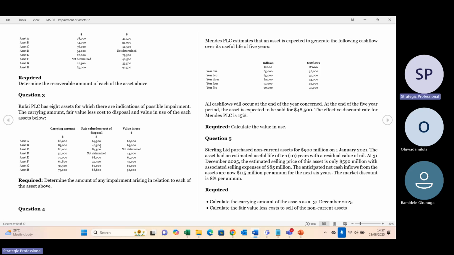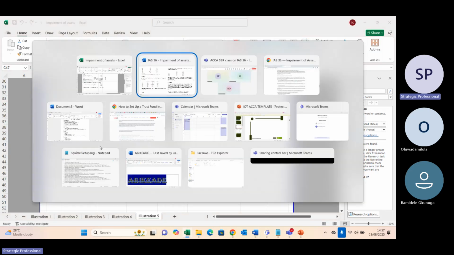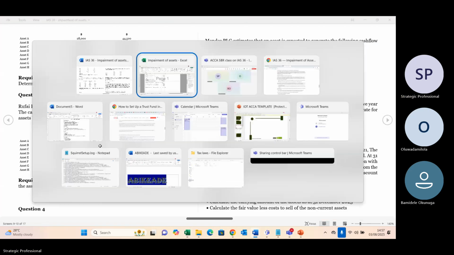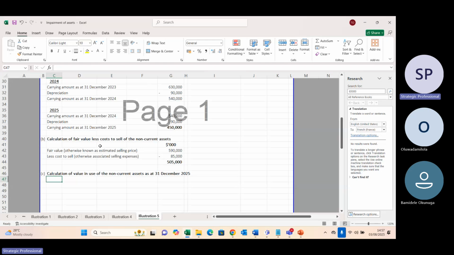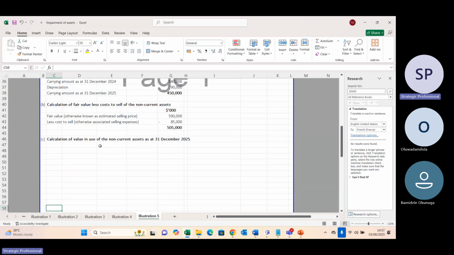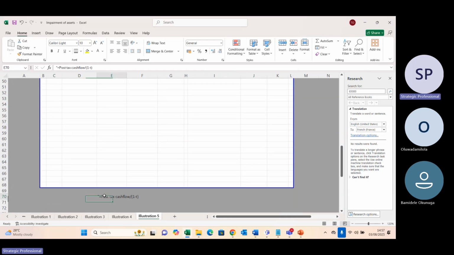In the event that you are given post-tax cash flow, you must work back to get your pre-tax. In working back, the examiner will be lenient enough to give you the tax rate. The examiner just expects you to figure out how to get your pre-tax cash flow, which is your post-tax cash flow divided by 1 minus the tax rate. That is the formula.